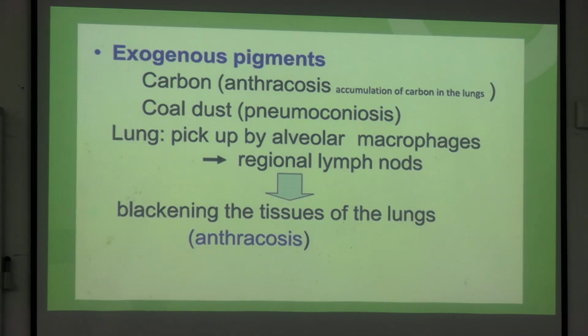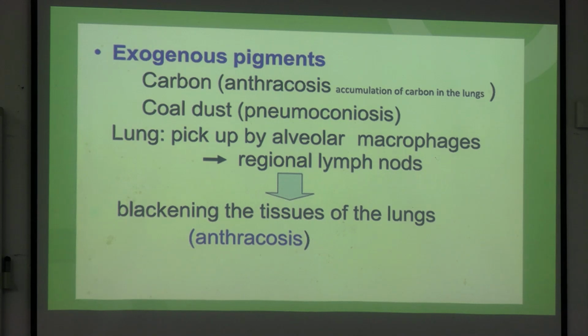Exogenous pigment কি কি হতে পারে? যে কার্বন, অ্যানথ্রাকোসিস, কোল ডাস্ট, নিউমোকনিওসিস, ওকে। The workers that work in the coal industry, in the coal belt, Asansol, Raniganj, Durgapur, okay, many patients come to this college or some other college with symptoms of progressive respiratory distress, chest pain, cough with black productive sputum.